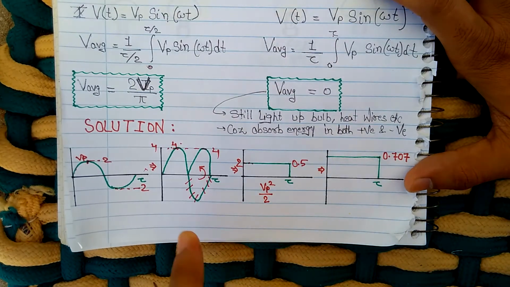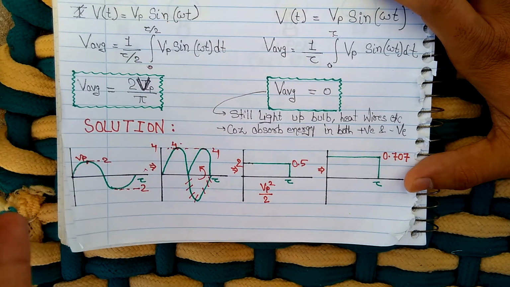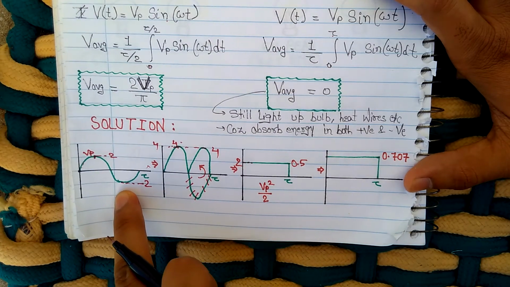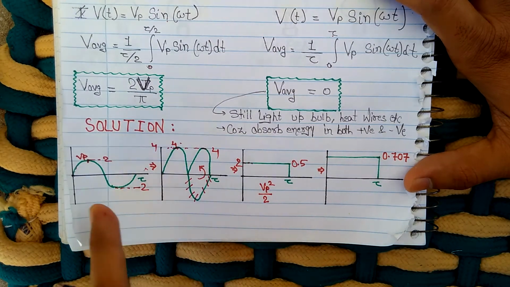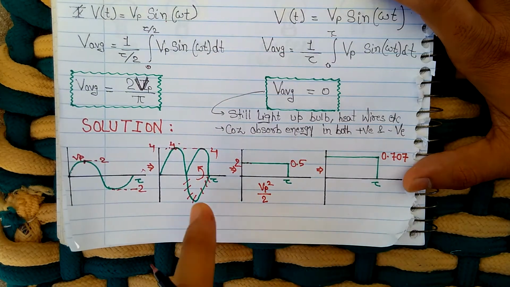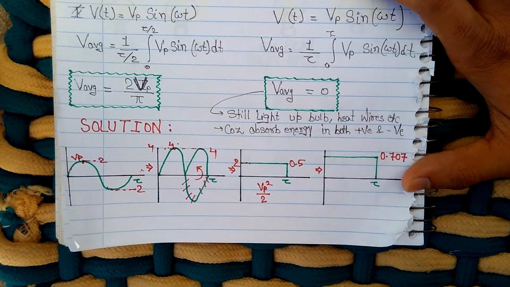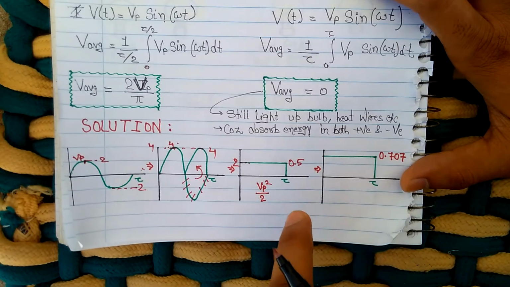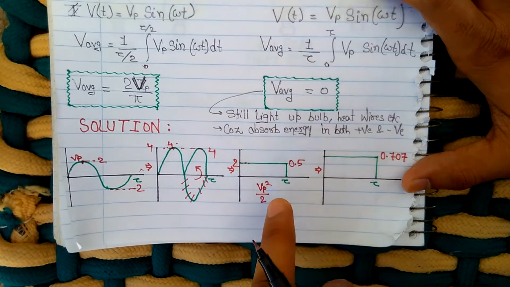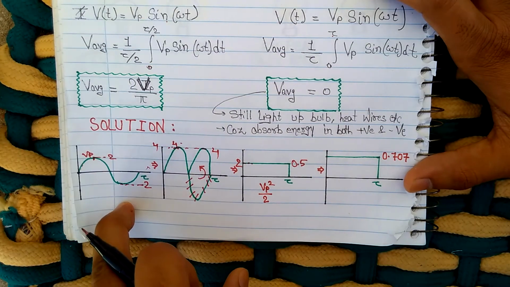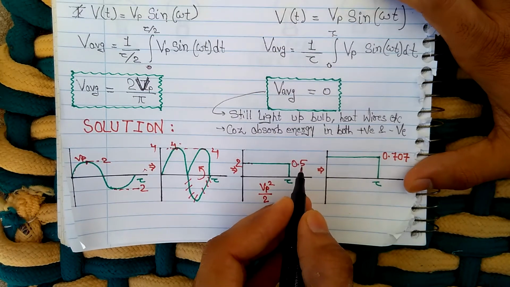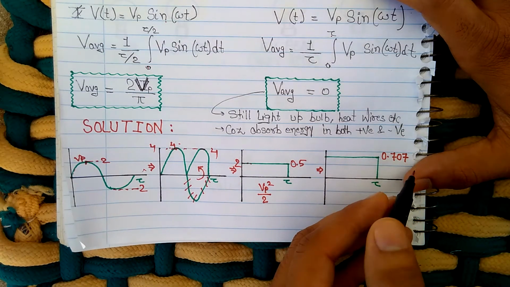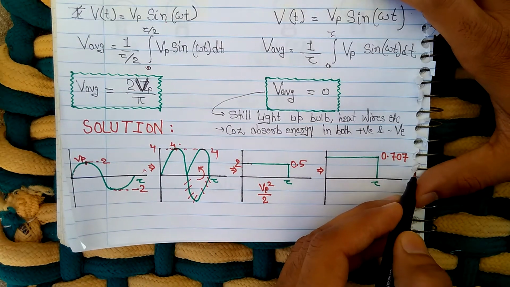So what we did, we first squared the value and then averaged it. Now I have to remove the effect of this squaring. So what I should do, I should take the root of this thing to undo the effect of the squaring. First square it, then find out the average, then take the root of this average to undo the squaring. So when I find the root of this 0.5 factor, it will come out to be 0.707.